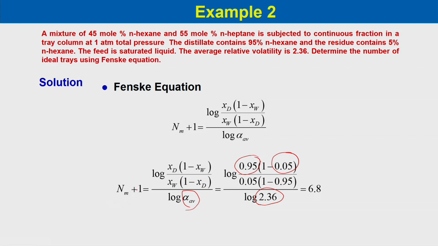So, the number of trays including reboiler would be 6.8, excluding reboiler it will be 5.8. This is the way by which we can use the Fenske equation and calculate the number of ideal trays required for a particular distillation operation.